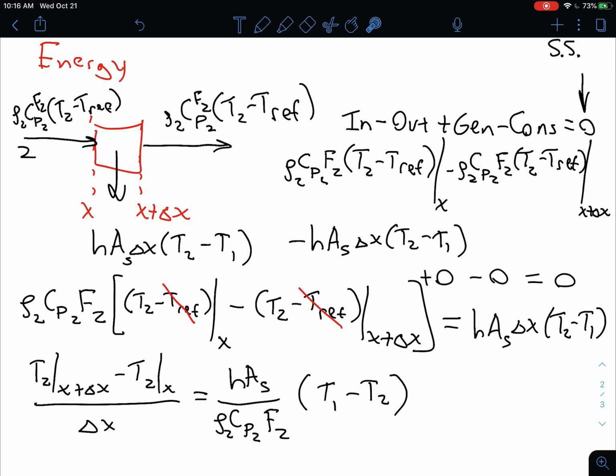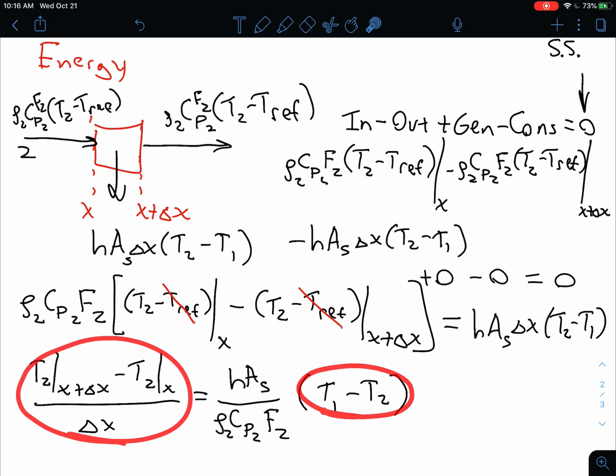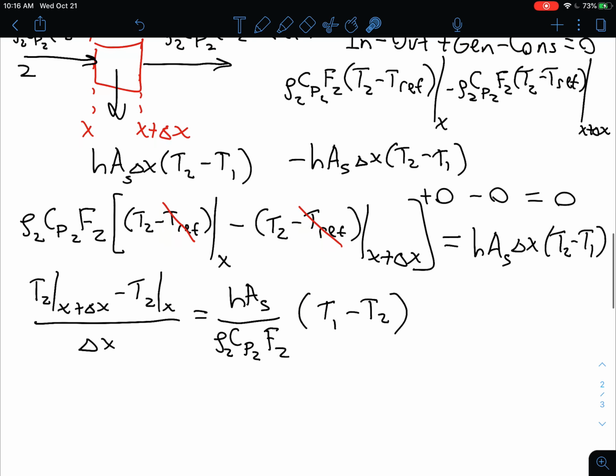So notice that I changed the sign here, right? I put the x plus delta x term in front. There's a negative sign there. In order to rationalize the negative sign change, I have to switch the order of the temperatures to make everything work out.